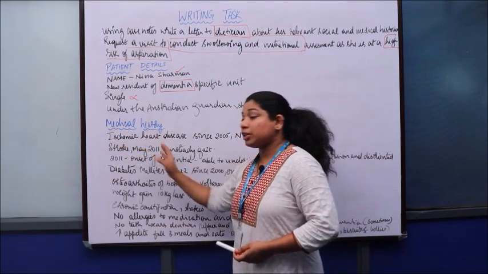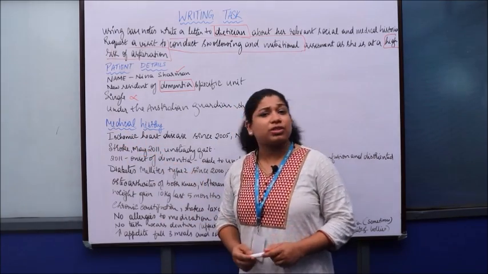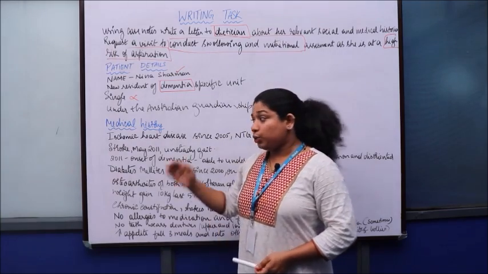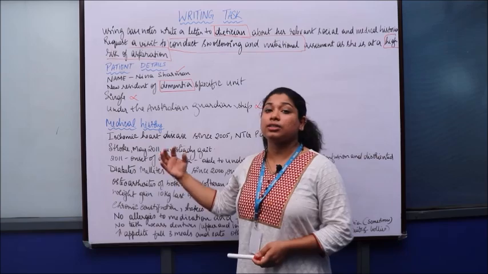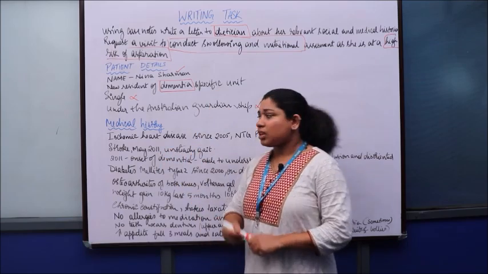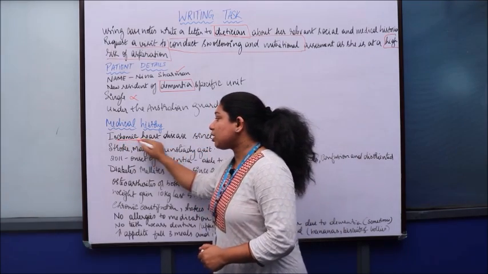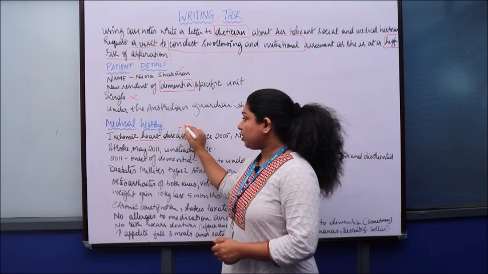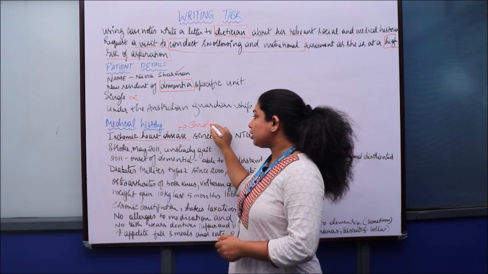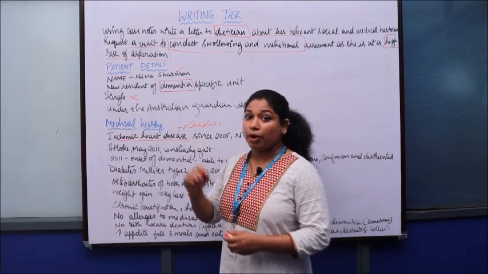Now, medical history. All histories are not important, candidates. You have to see which particular history is required to be sent to the dietitian. IHD, ischemic heart disease: the dietitian may need to give a cardiac diet to the patient, so it's a very important thing.